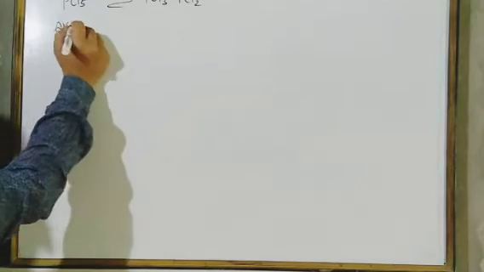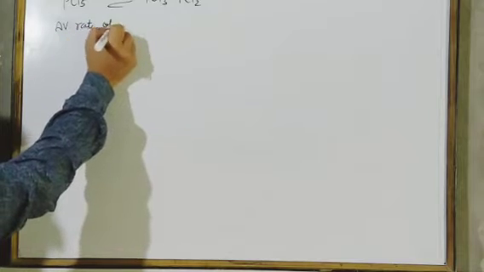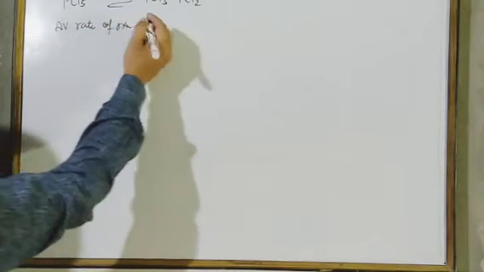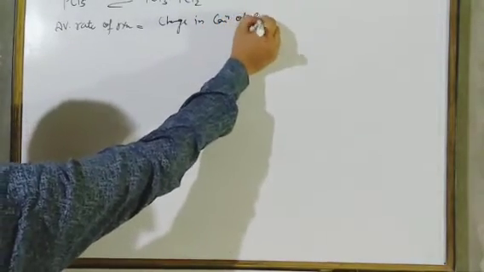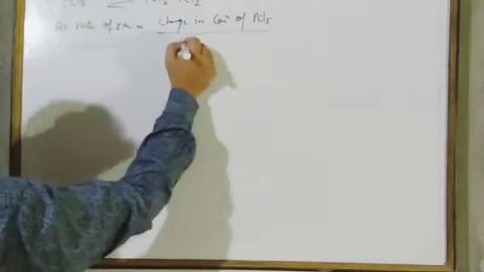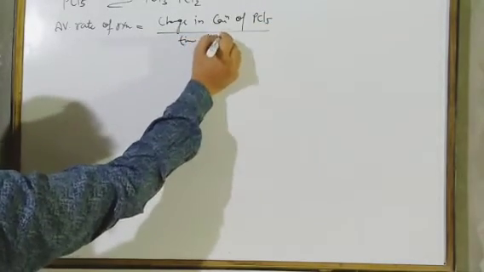If we take the example of dissociation of PCl5 into PCl3 plus Cl2, the average rate of reaction will equal the change in concentration of PCl5 upon time taken.